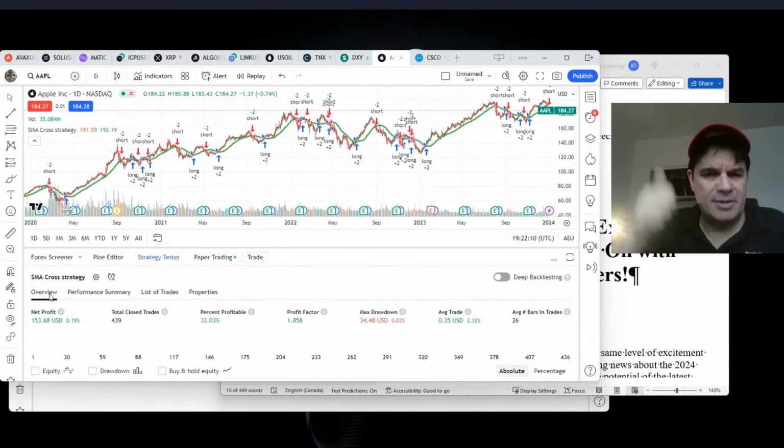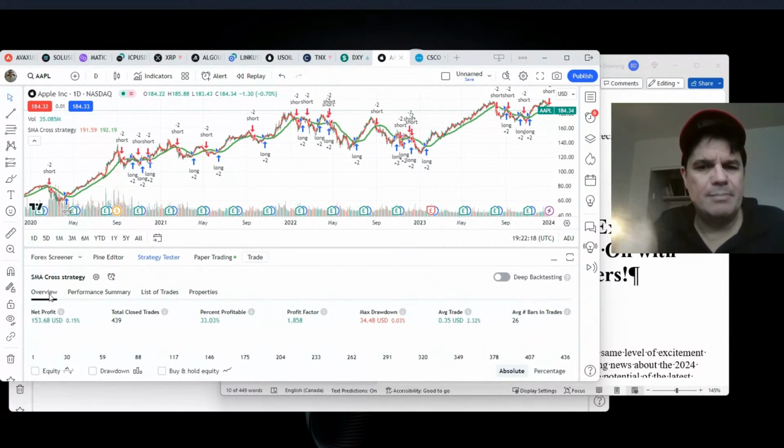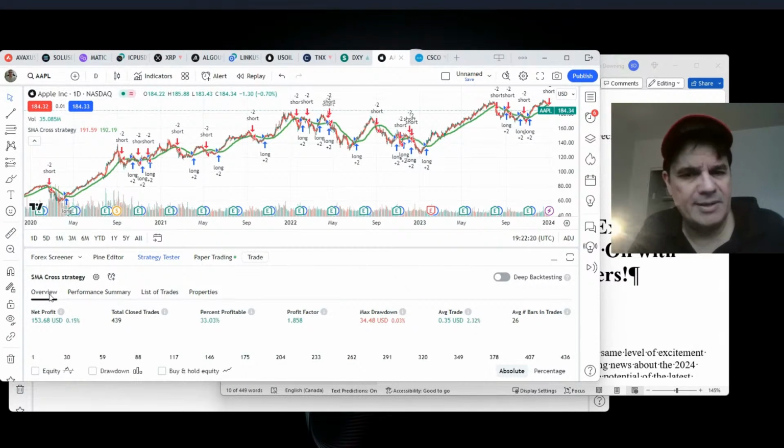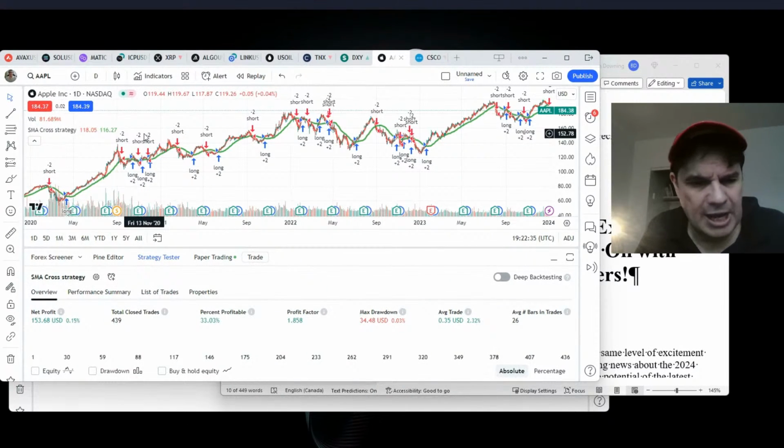Late last year, November, December in 2023, we had a momentum based, trend following type of strategy, November, December. Okay, so now we know that to get maximum return. But I'm just showing you right now the simple way to do this with an SMA cross, which is probably the most reliable to do that.